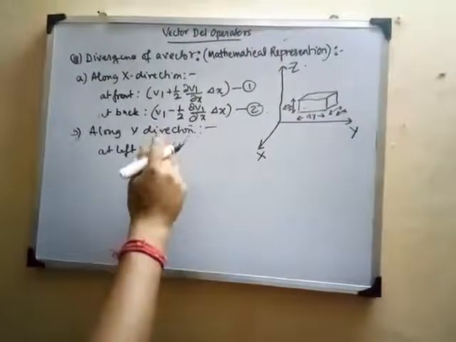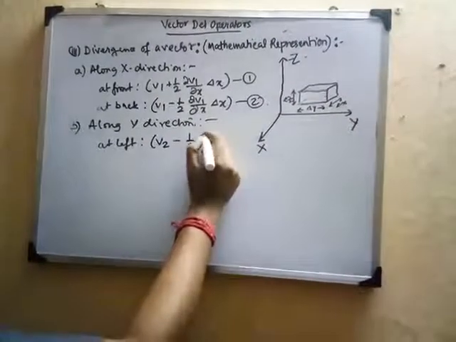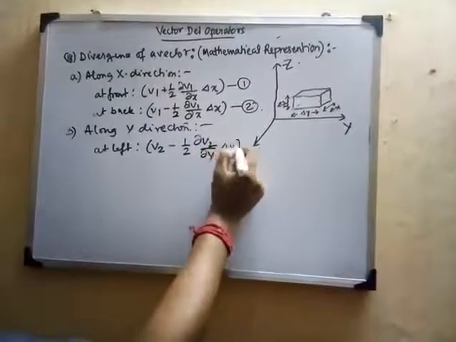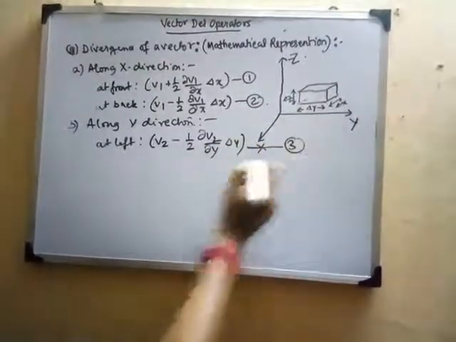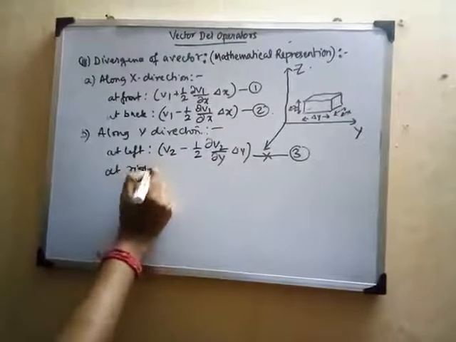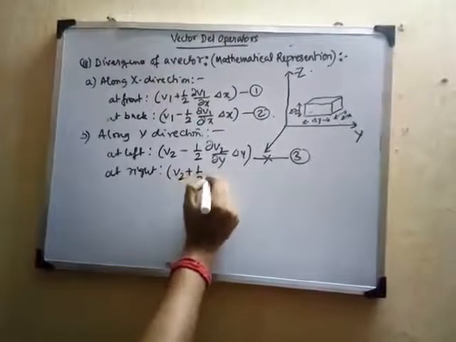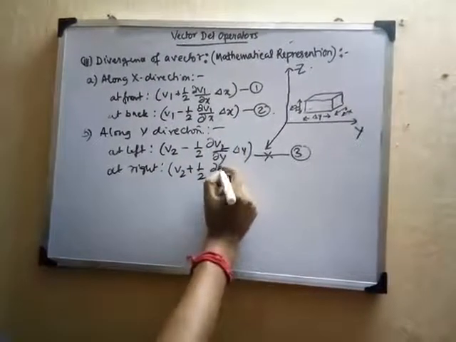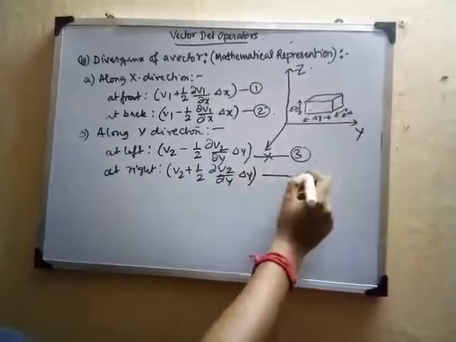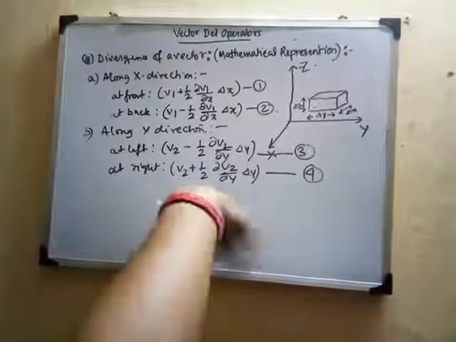So along left it will be v2 minus half of del v2 del y del y. This is our equation 3. At the right side we will have v2, only the sign will be plus: v2 plus half of del v2 del y del y. This is expression 4. So along the y direction we have also calculated.